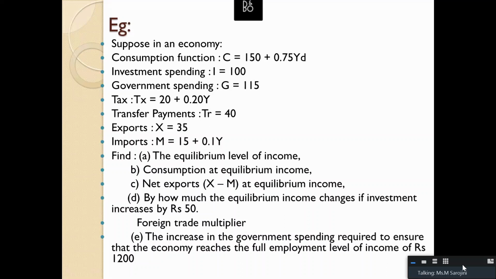Also, we calculated the savings and consumption at the equilibrium level of income, and we discussed the balance of payment deficit as well as the surplus. Normally, the balance of payment deficit is calculated using this equation, income minus expenditure, right?